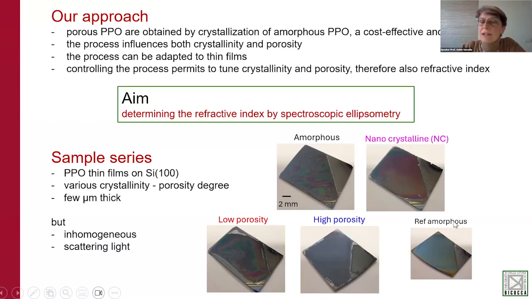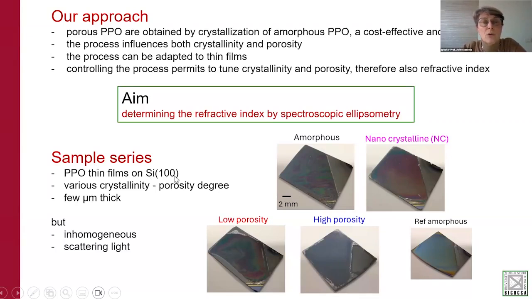We had an amorphous reference, an amorphous PPO just prepared following a standard process, and you can see even by eye in the picture that it is much more homogeneous.